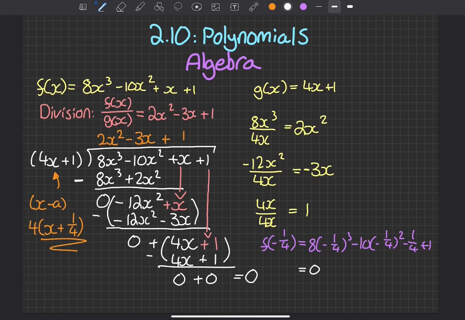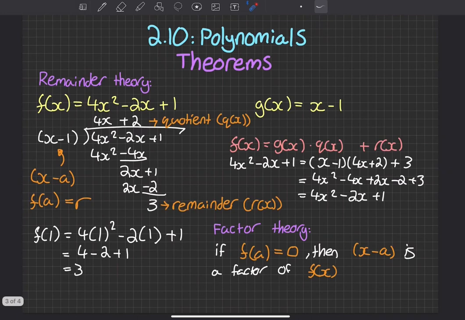If you put it into the calculator, you'll see that it equals 0, meaning that 4x plus 1 is a factor of this polynomial, right? So this is your factor theorem here, and this is your remainder theorem. And you can use them to quickly find out what the remainder is, or to find the factors of a polynomial, which we'll get to next.